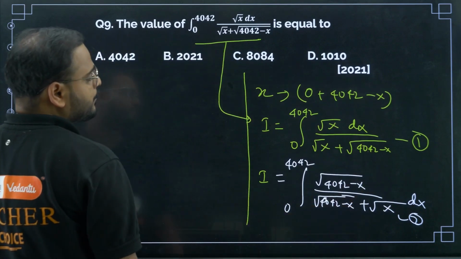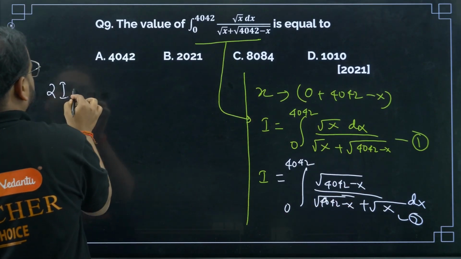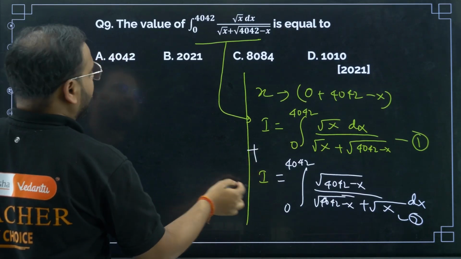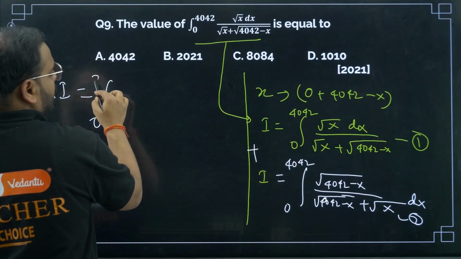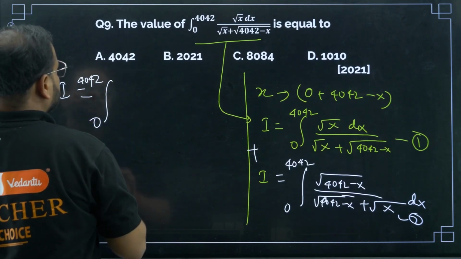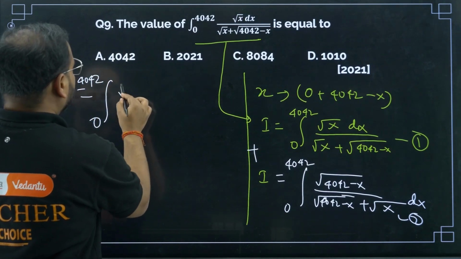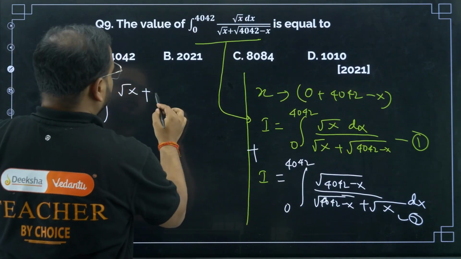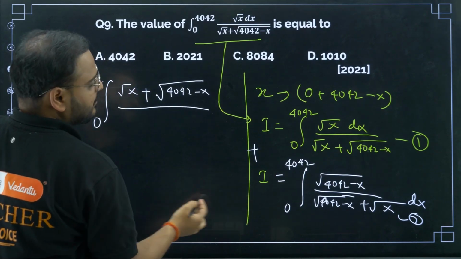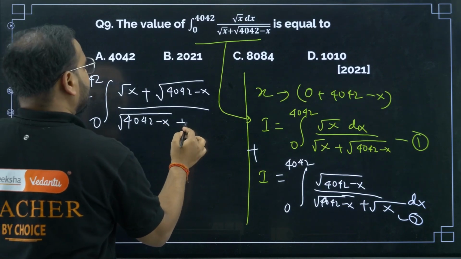Now add equation 1 and 2. If you do that, you're going to get 2I equals integral from 0 to 4042. Check out the numerator. It will be root x plus root of 4042 minus x upon the same thing in the denominator also, root of 4042 minus x plus root x.